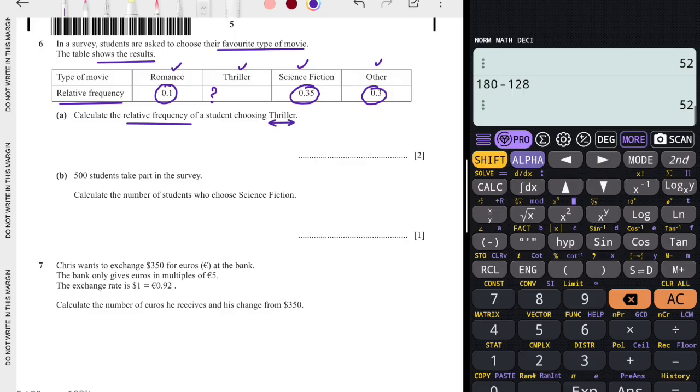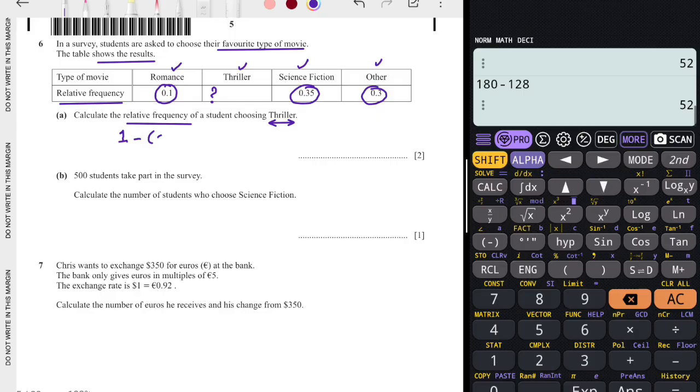So we know that the sum of relative frequencies is always 1. So by subtracting the sum of these 3 given items from 1, we can get the relative frequency of thriller.